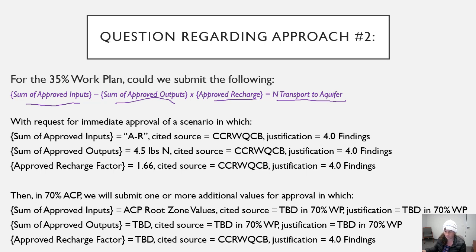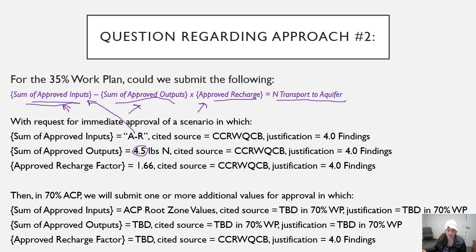And the values that we'd immediately submit for approval to go in these slots would be, for this, we'd be submitting the root zone formula output, and we'd be able to cite Ag Order 4.0 as our justification for that.